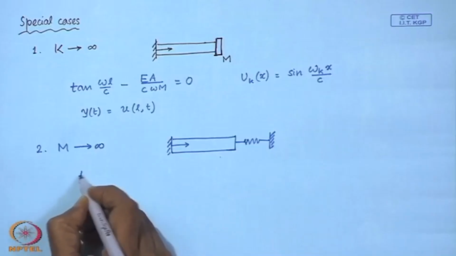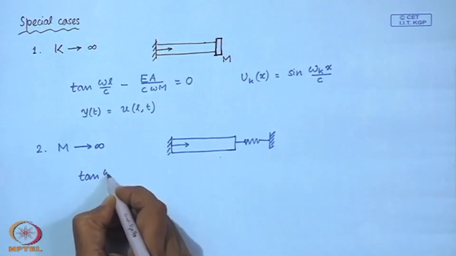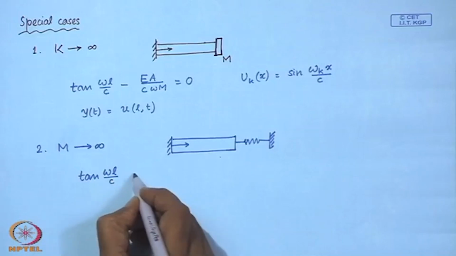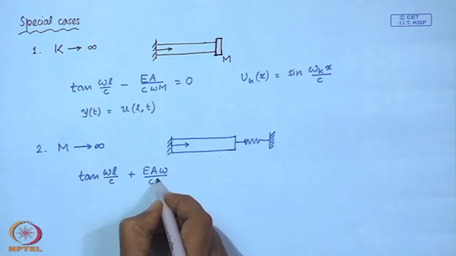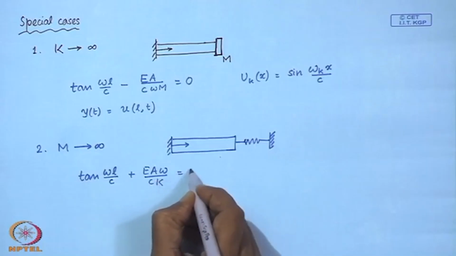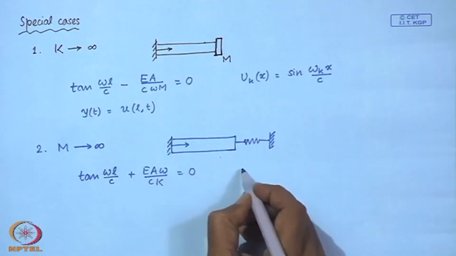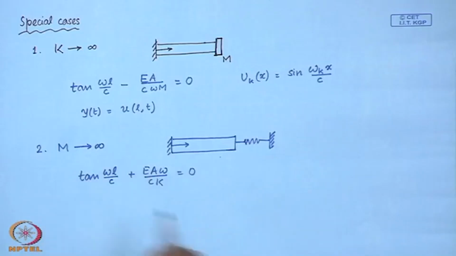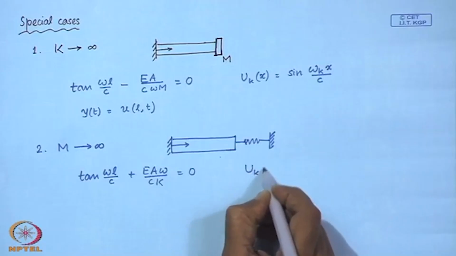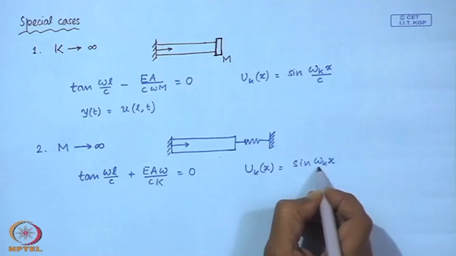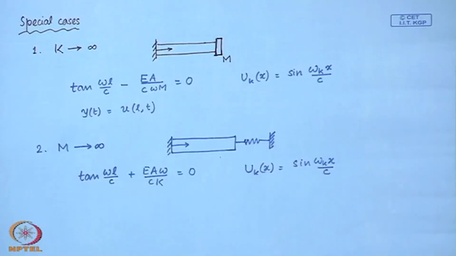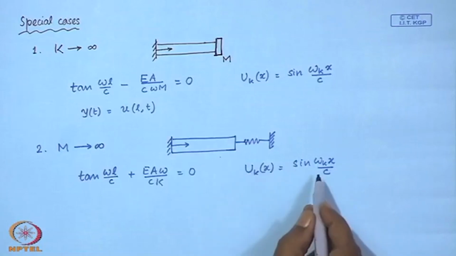So, in this case the characteristic equation simplifies to this form, and the corresponding eigenfunctions are again of the same form.